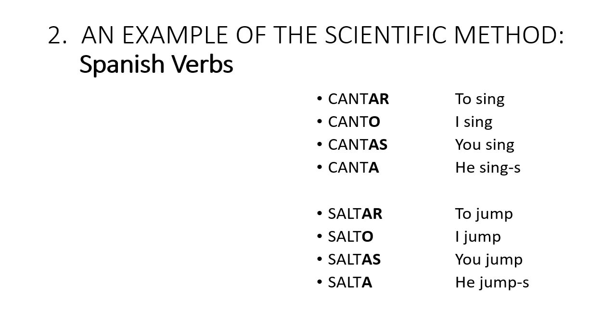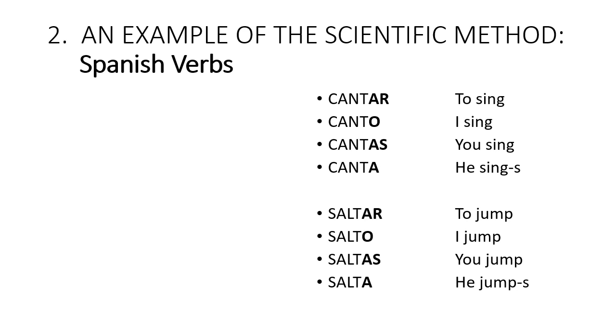So repeat after me. Canto, cantas, canta. That's for cantar. I am saying I sing, you sing, he sings. Now let's do to jump. Saltar, salto, saltas, salta. I jump, you jump, he jumps. Now these are the forms.